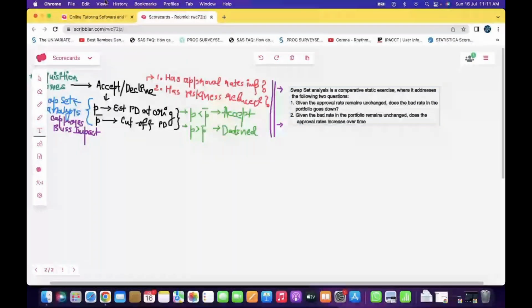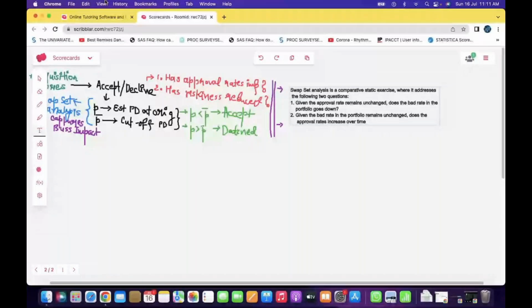So basically, given that the approval rate remains unchanged, so assuming that you are booking the same number of accounts or the same proportion of customers, right? But does the bad rate in the portfolio go down? Are you booking better profiles of customers?